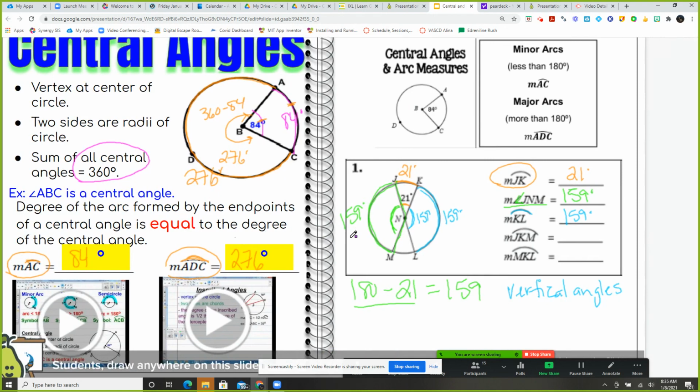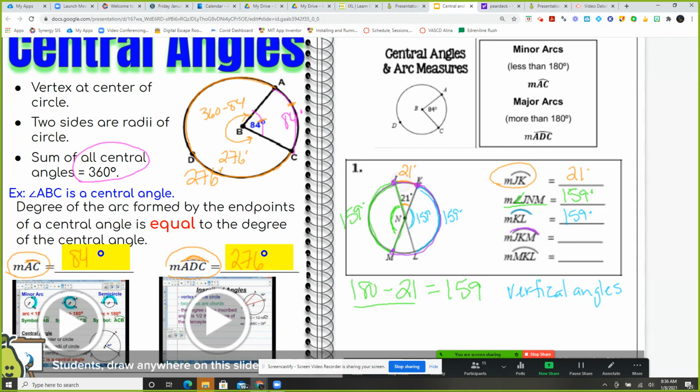All right, arc JKM. This is where it starts getting a little crazy. So I'm going to start at J, go to K, and then go to M. I like to put dots on those three things and then go from one to the next. It's like I'm going from John's house to Karen's house to Malik's house.